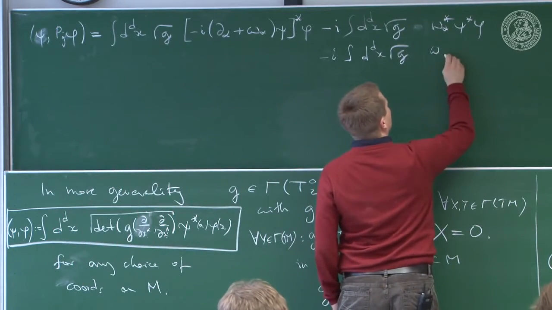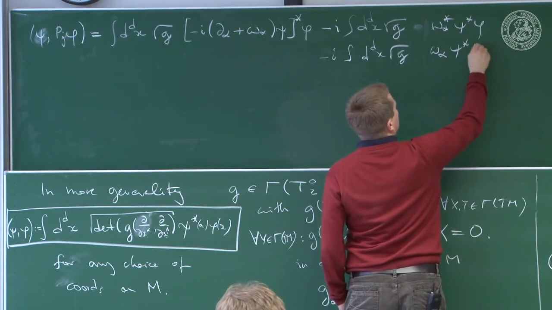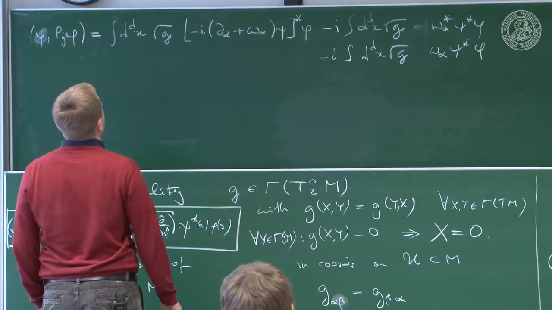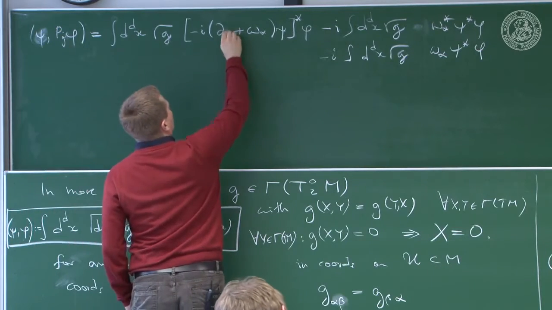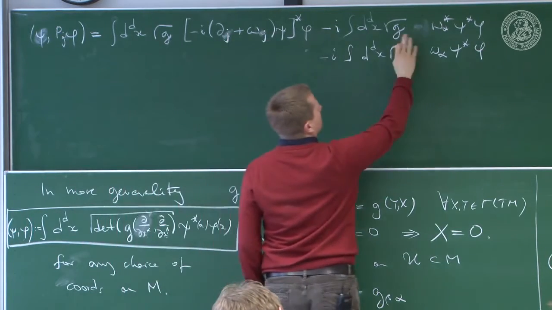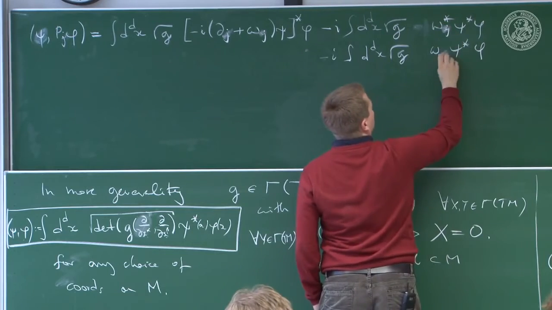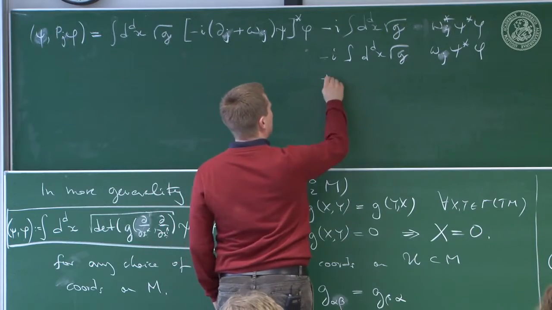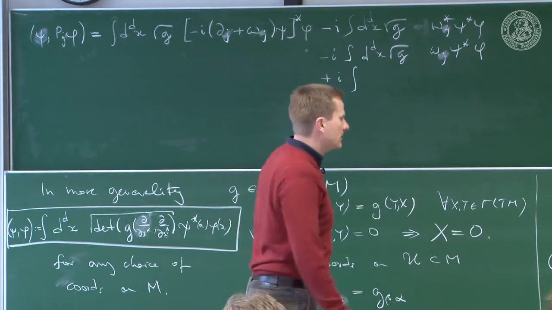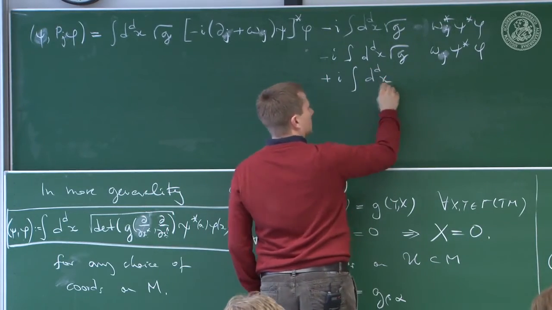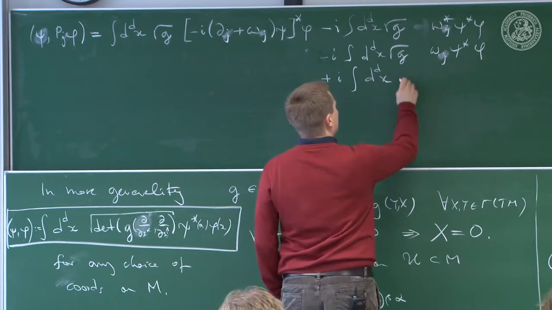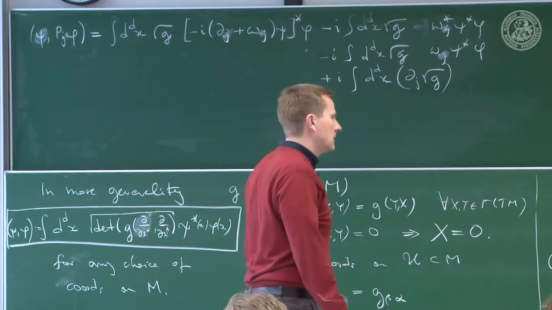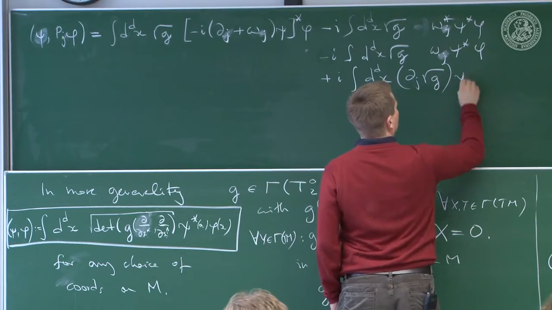Okay, so omega alpha psi star phi. That's right, that's this term. Alpha, well, it's a j. Okay, j. And the extra term plus i integral d^n x, and now there's del j of this density, psi star phi.